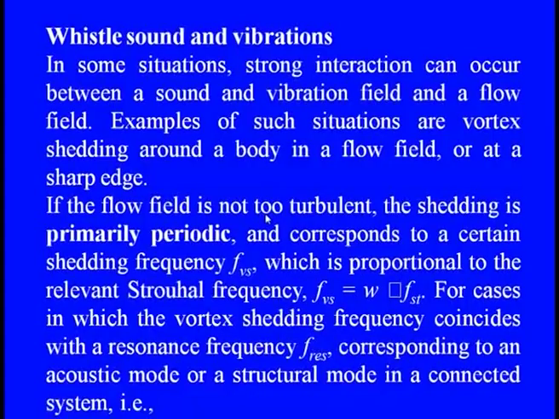And this frequency is proportional to the relevant Strouhal frequency, like f_vs, like we can say omega into f_st. And for these cases we can say that the vortex shedding frequencies absolutely coincide with the resonant frequency of the system and give us the resonant features, a huge amount of excitation.